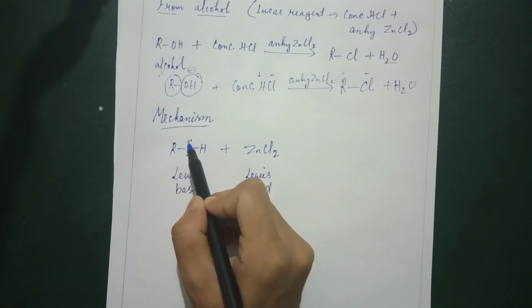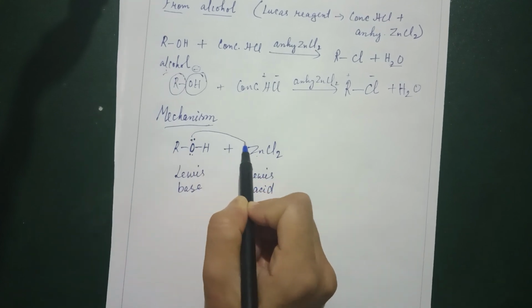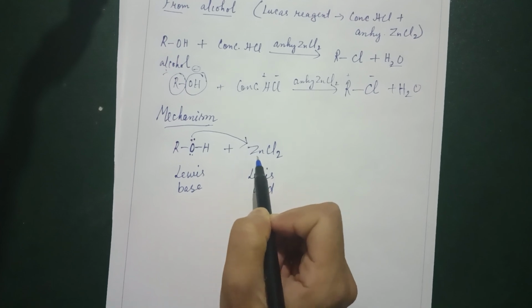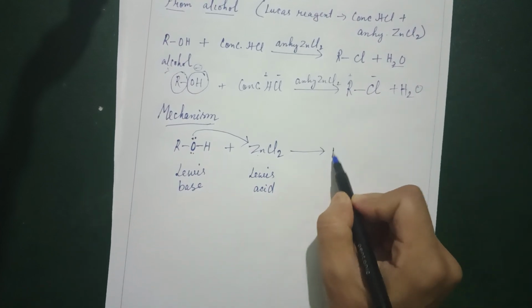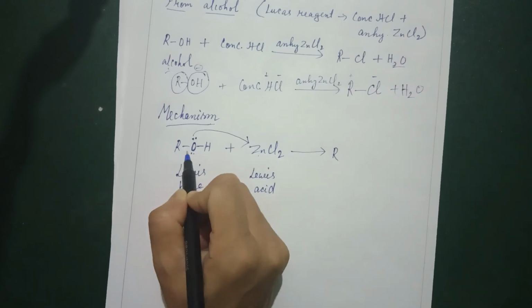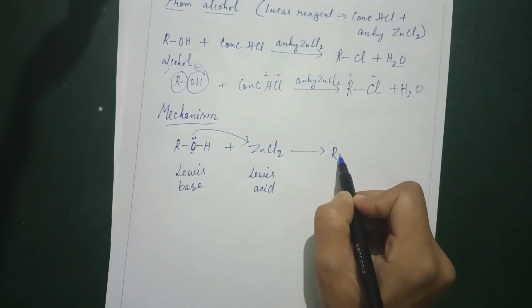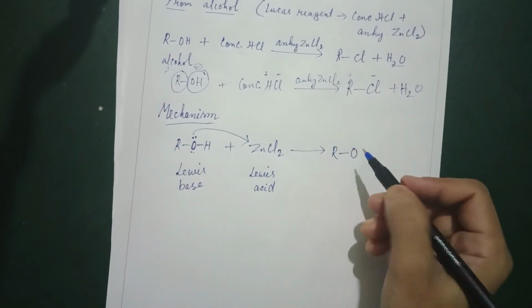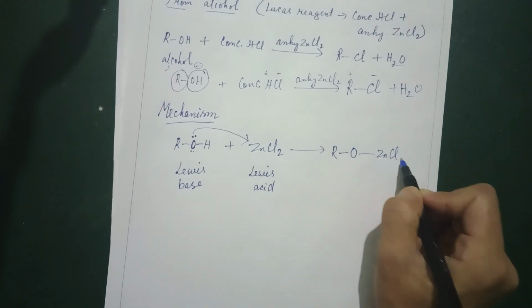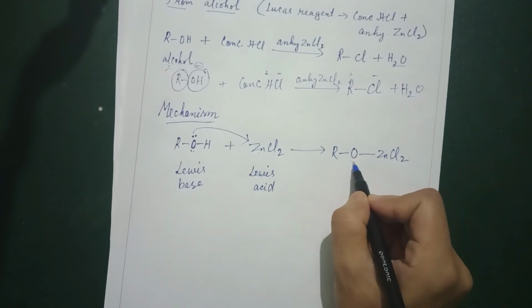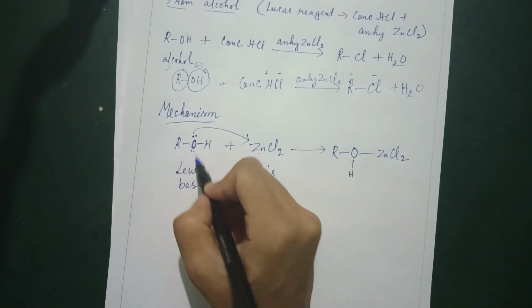Now this oxygen's one lone pair will form a bond with this. So in this way, R is still there, do not change the structure. Now oxygen, then I will put ZnCl2 here, and I will bring this oxygen hydrogen downward.